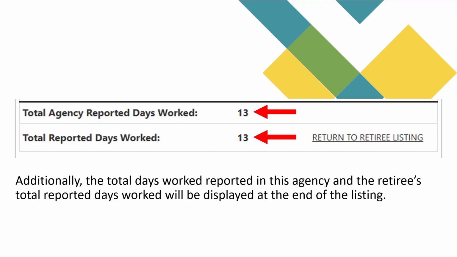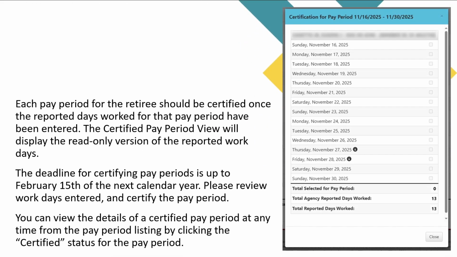Additionally, the total days worked reported by this agency and the retiree's total days worked will be displayed at the end of the listing. Each pay period for the retiree should be certified once the reported days for that pay period have been entered. The certified pay period will display the read-only version of the reported workdays.